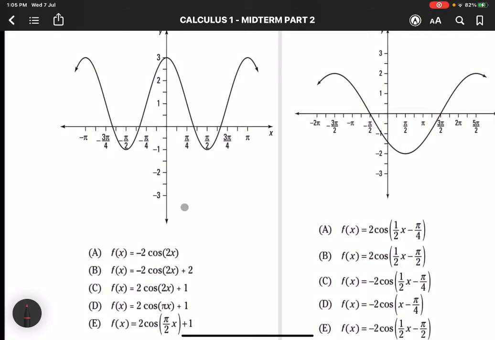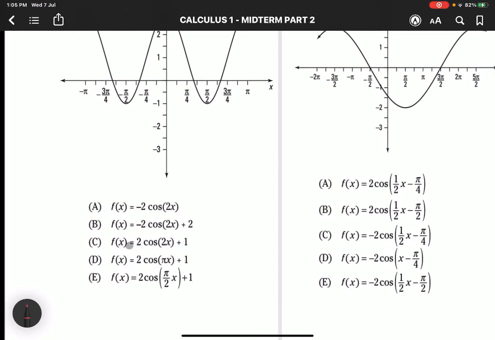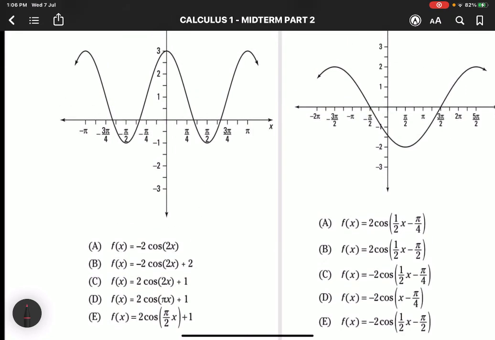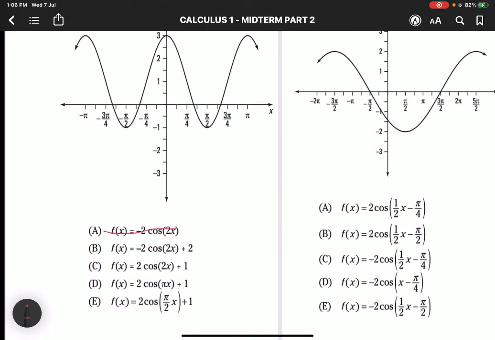So, ibig sabihin nun, we have a amplitude of positive 2 and a value of 1 for the midline. Okay, so yung period na lang, so i-cross out na natin to, cross out, may midline, so ito na lang yung pagpipilian natin, no? Pare-pareho kasi sila ng midline and also positive to yung kanilang amplitude, no?